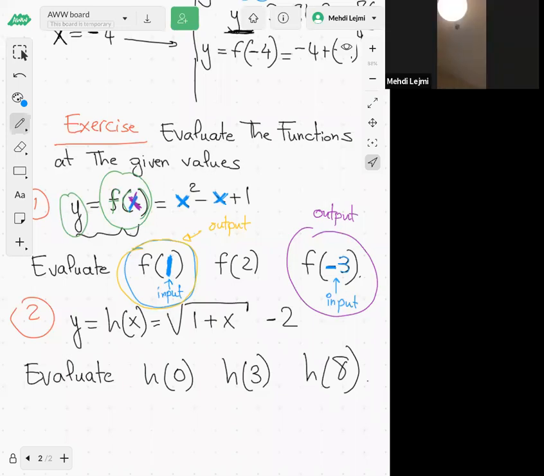Yes, h of 3 is going to be 0. Yes, Iliani, absolutely. h of 8 is going to be +1. Yes, that's correct, guys. That's very good.